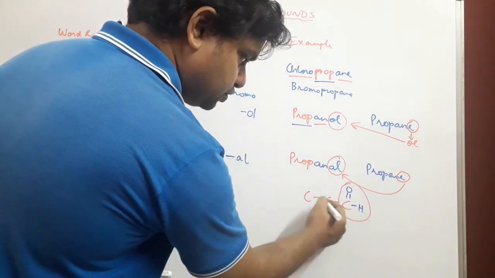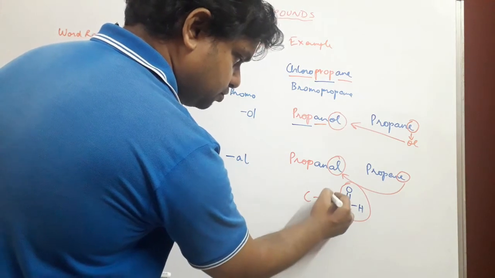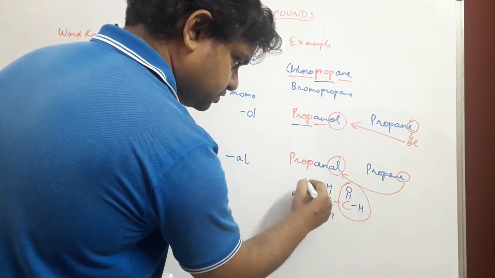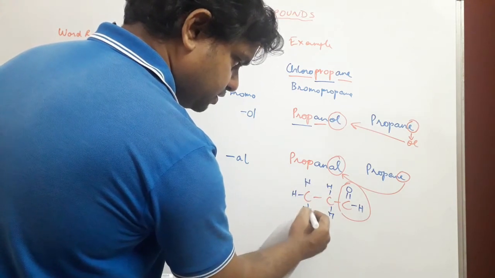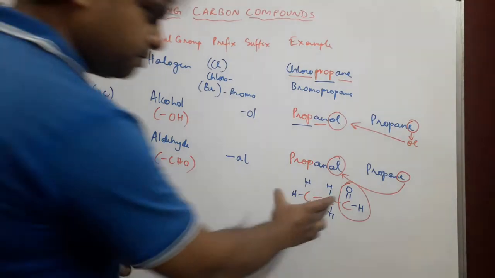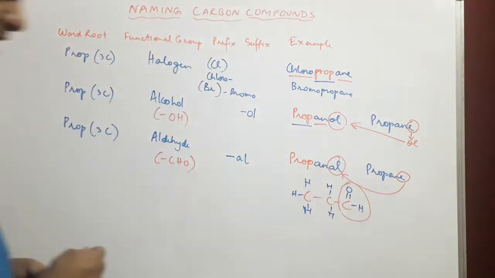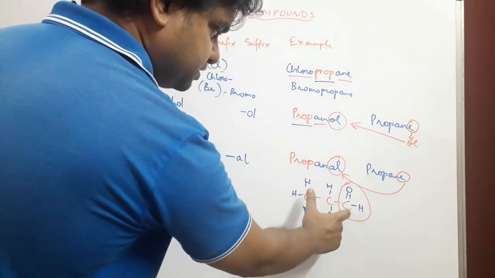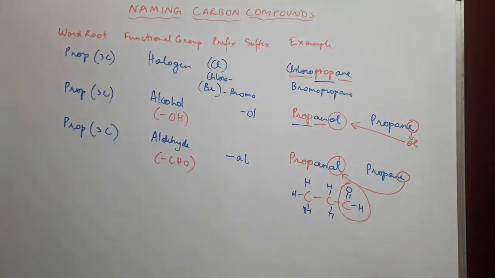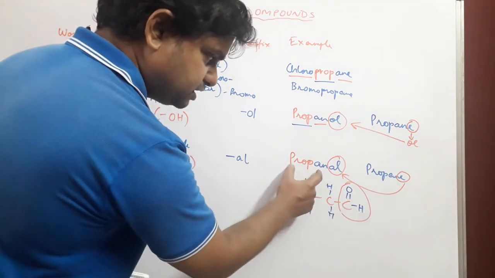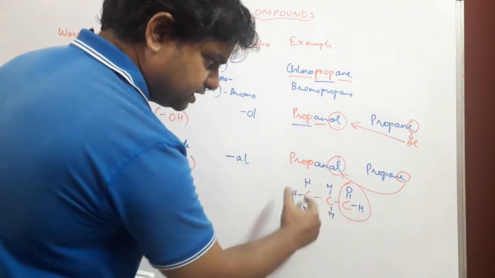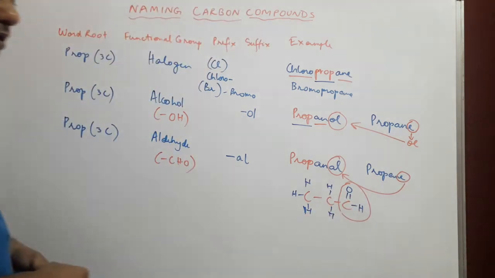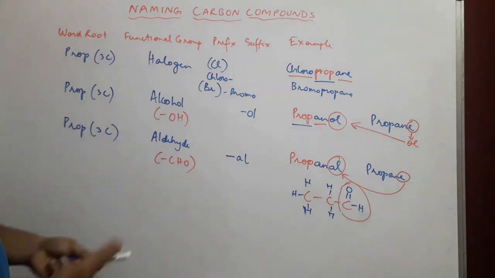The remaining carbons have bonds left, so we'll write two more hydrogens here, and three more here. This is how propanal looks, with the aldehyde group attached towards the end, and it includes the carbon atom. There are three carbon atoms, hence prop, AN because there are single bonds altogether. This double bond is not counted as a double bond to decide the functional group.